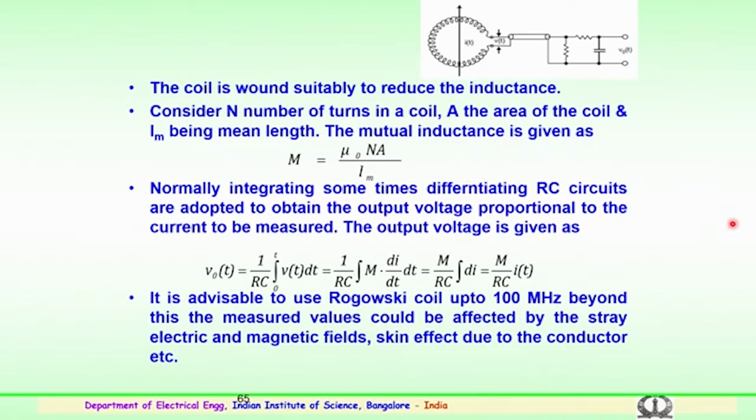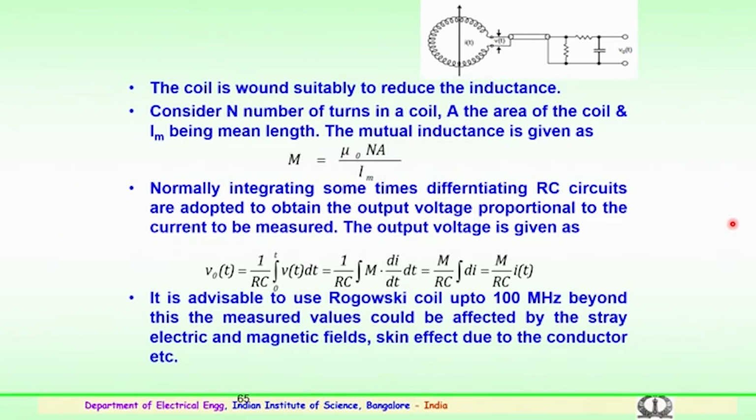Normally these Rogowski coils could be of the integrating type, or sometimes, if required, differentiating type. Here suitable circuits are adopted to obtain an output voltage proportional to the current to be measured.